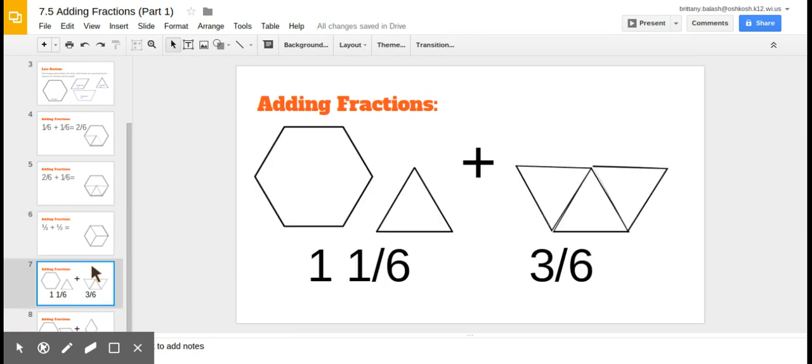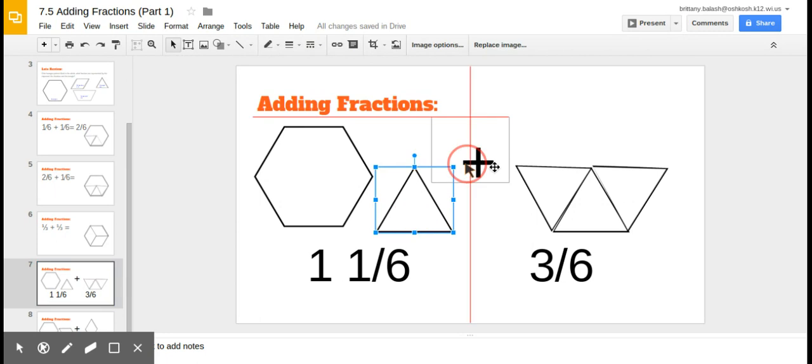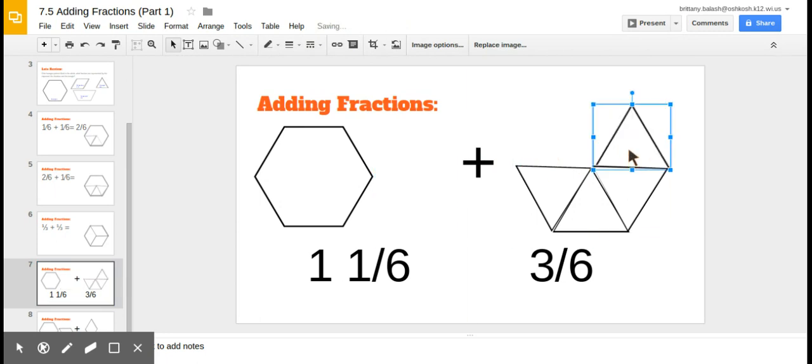Next, we are going to start working with whole numbers. Okay, so if I have 1 and 1/6 plus 3/6, 3 triangles, what would that equal? Okay, well, I'm going to move my triangle over so I can show you how I would visualize it. So I have my whole number, which is going to stay a whole number, but I want to add these fractions together.